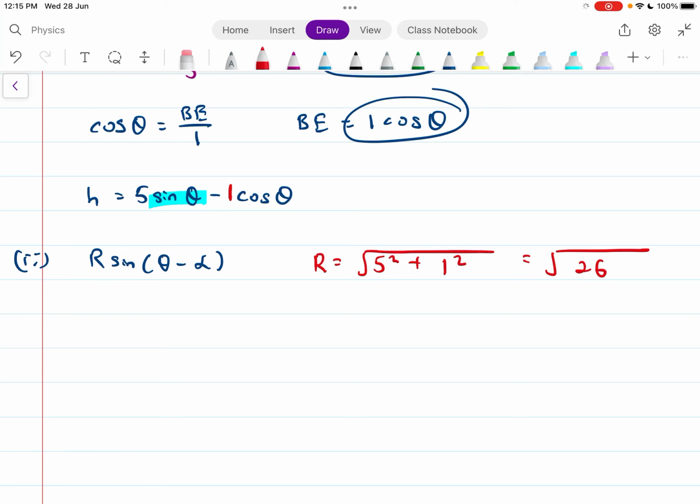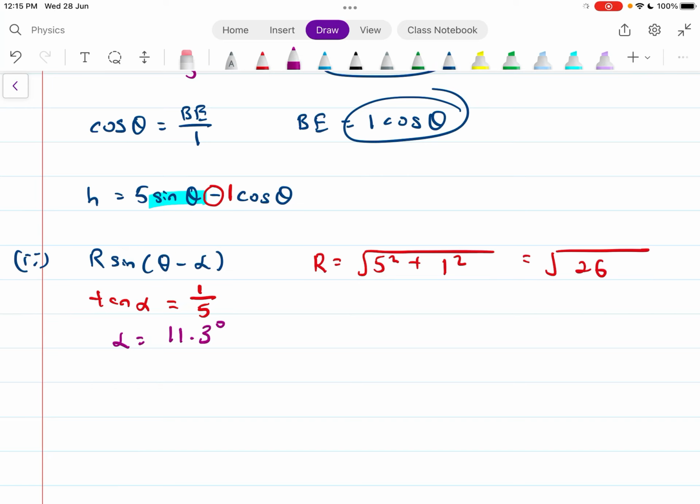Then the next part will be alpha. Tan alpha is equal to the second number divided by the first number. Always remember, for the second number, you realize there's a negative here, so don't copy the negative. Just copy the 1 and 5. So you want to find alpha, let's determine this together. Tan inverse 1 divided by 5 is about 11.3 degree.